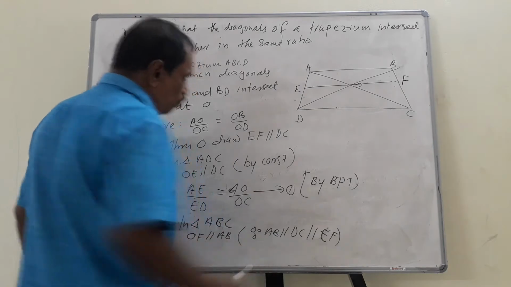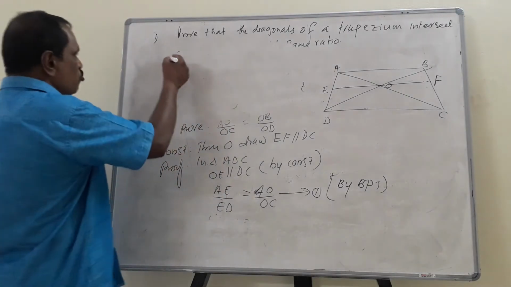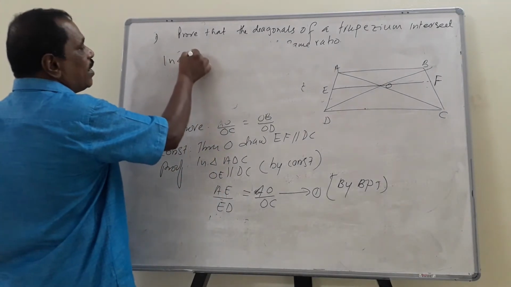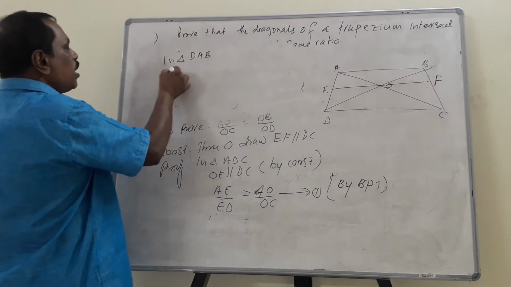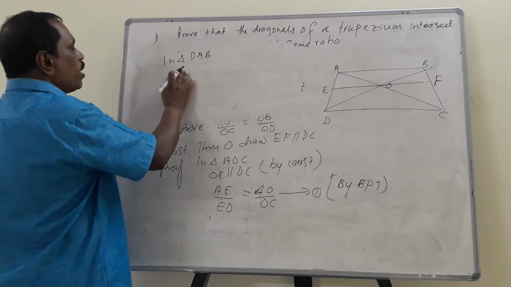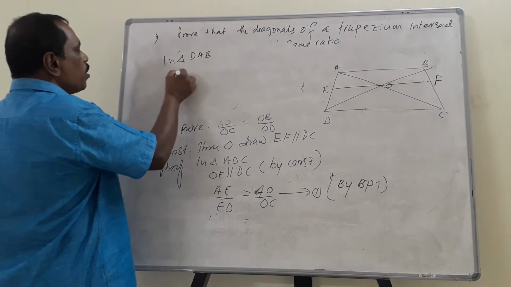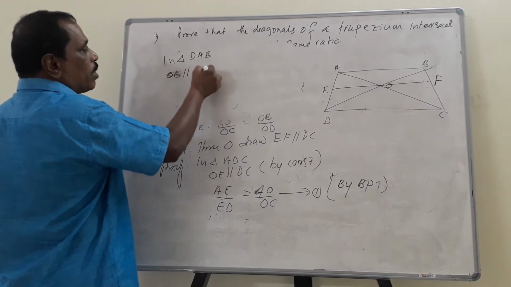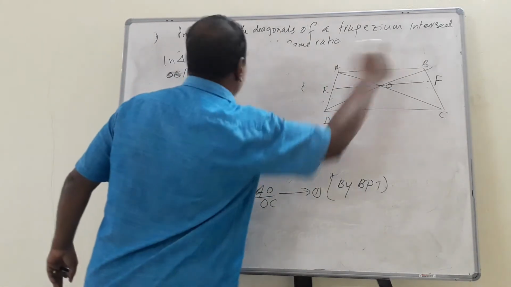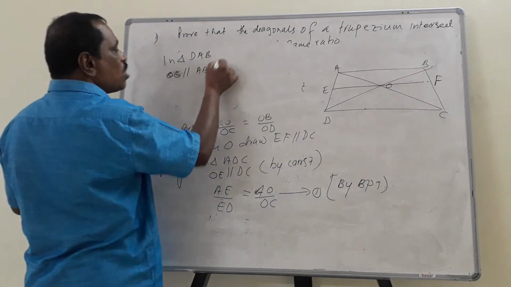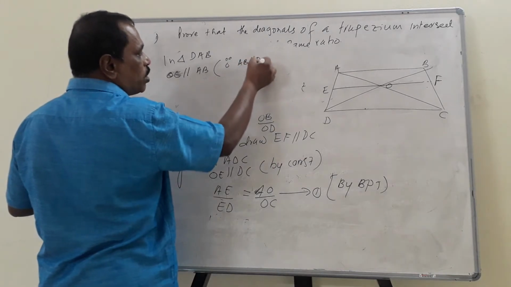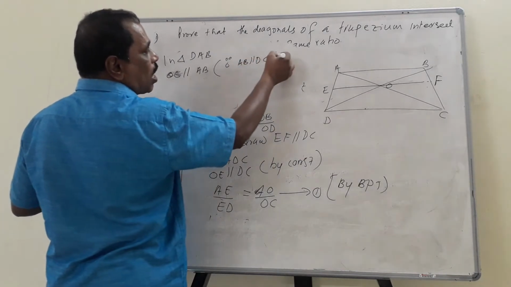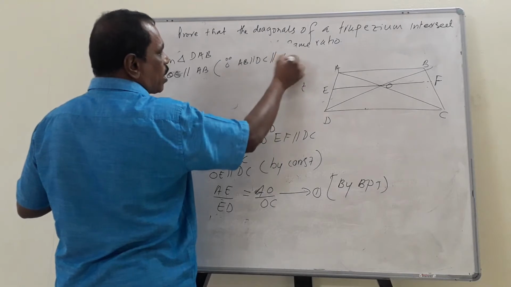Therefore we know in triangle DAB, EO or OE is parallel to AB, correct? In triangle DAB, OE is parallel to AB, since AB is parallel to DC and parallel to EF by construction.